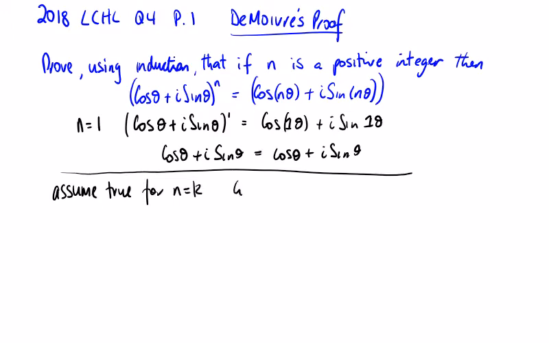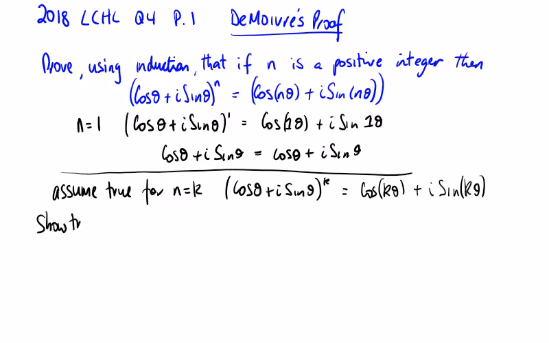So we get (cos theta plus i sine theta) to the power of k equals cos k theta plus i sine k theta, and we always use this assumption in the k plus 1 case. And then we show true for n is equal to k plus 1.